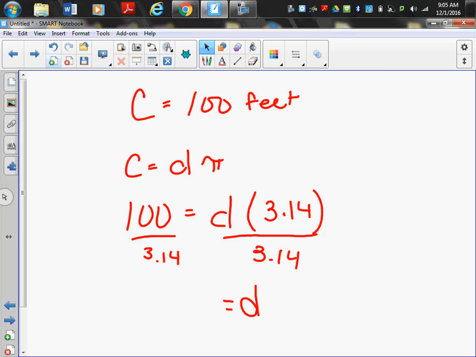So my diameter is what? 31.85. Remember, we go two places.